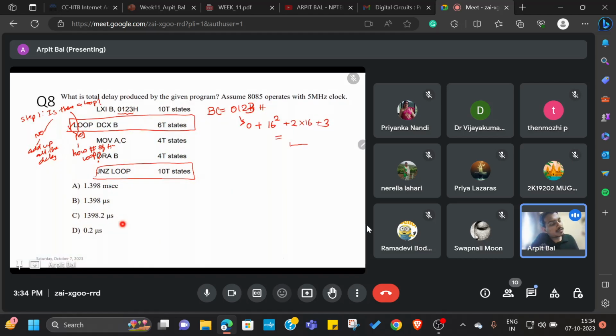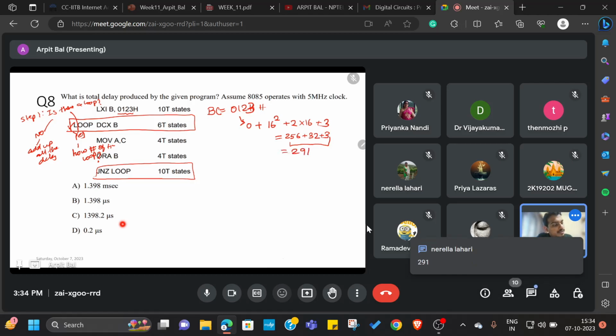Can anyone tell me the value? Yeah. So this loop is going to be executed 291 times.